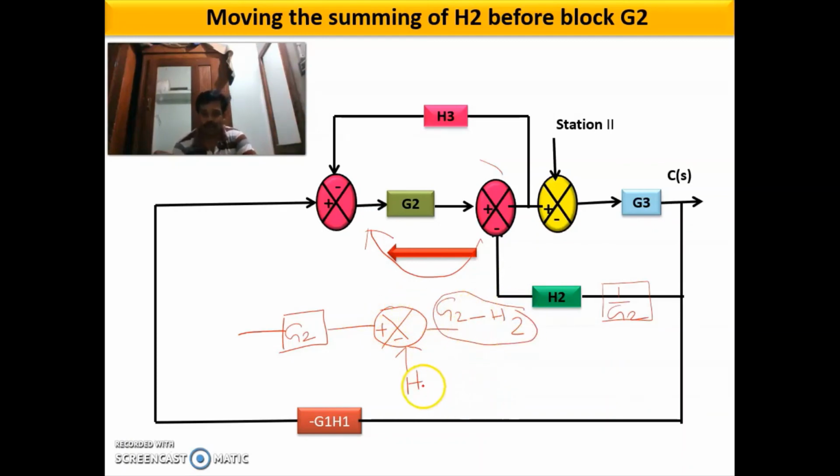Okay. Now you are moving this branch summing point before that block. So here you are having the branch point and summing point. This is G2, this is minus, and here you are having H2.